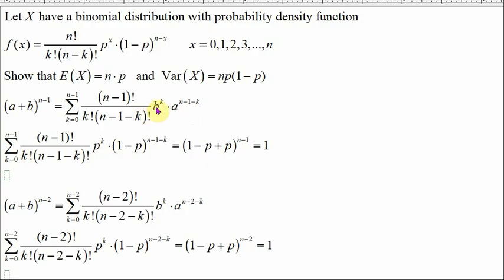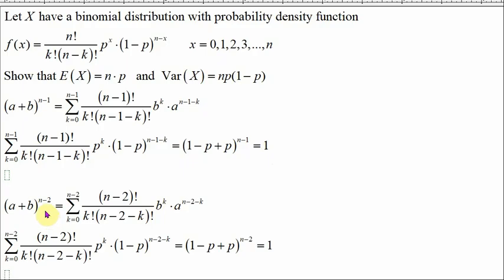And then b will be p, and a will be 1 minus p. And so this is going to equal a plus b to the n minus 1, but this 1 minus p plus p is 1. So 1 to the n minus 1 is still 1.